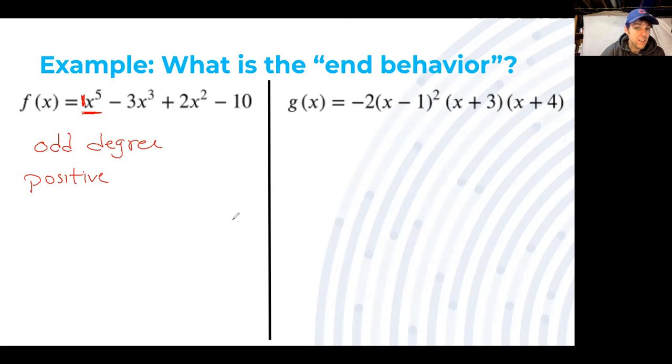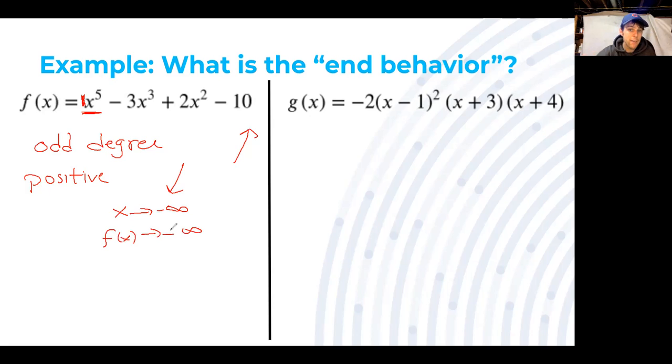So if we look back at our chart, odd degrees go different directions, up, down, whatever. And positive means that we're going to be going down on the left side of the graph and up on the right side of the graph. So as x approaches negative infinity, that's on the left side of our graph, then f of x is also going to approach negative infinity.